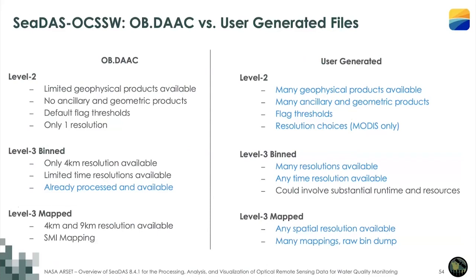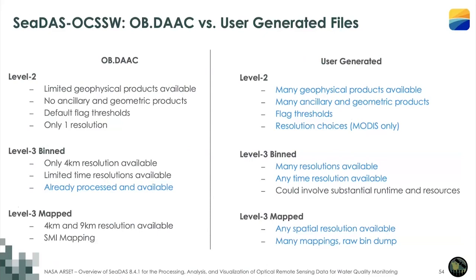So if you have a region that you want in 1 kilometer or 300 meters, depending on the instrument, then you would want to do the processing yourself. Any time resolution: if we provide a monthly, but you want a 2-week file of a certain time period, then that's something that you would have to do separately for processing.